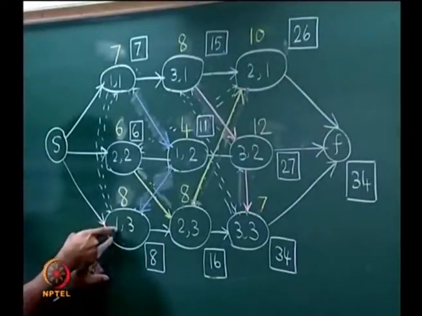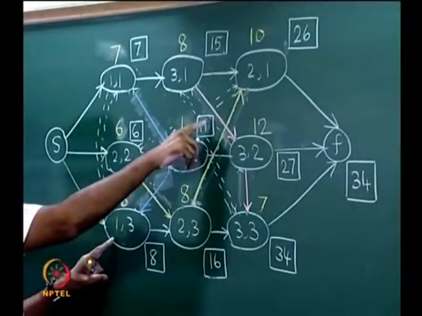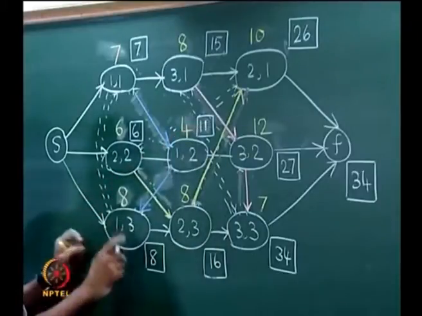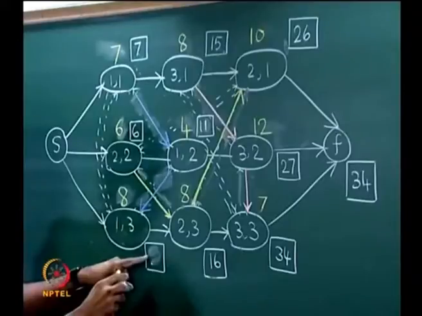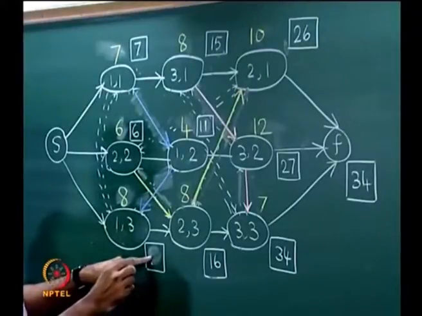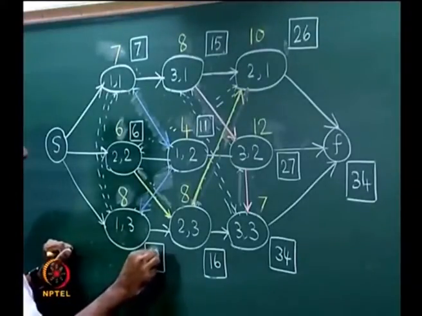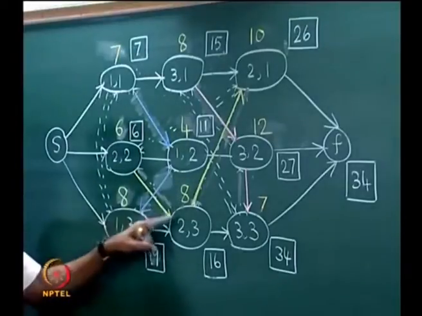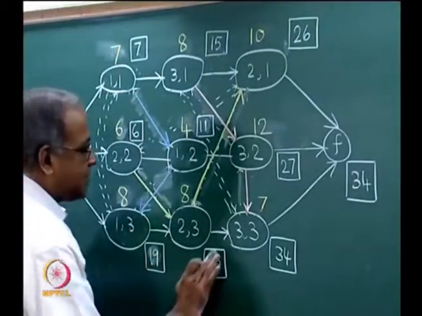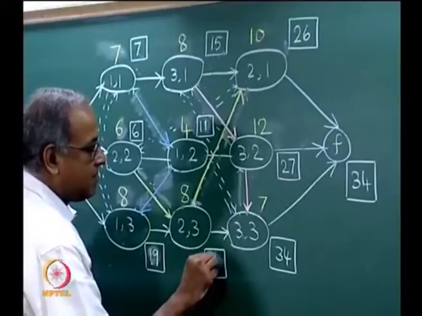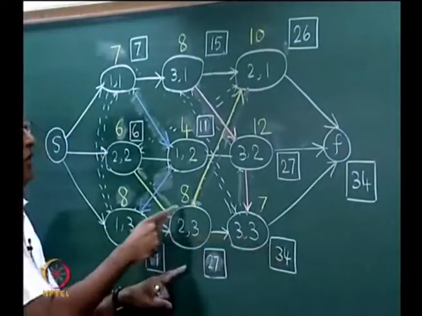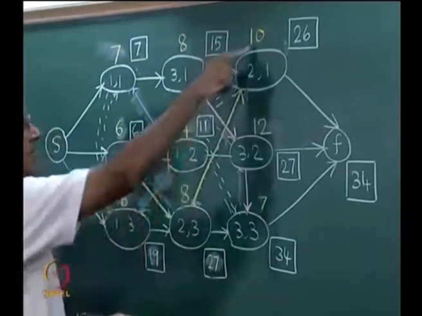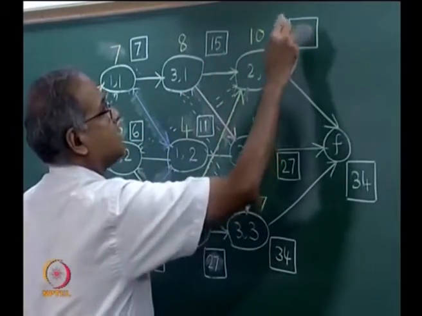Now, this node will become 11 plus 8, 19. So, this will become 19 plus 8, 27, 27 plus 7, 34, but 27 plus 10 will become 37 here.